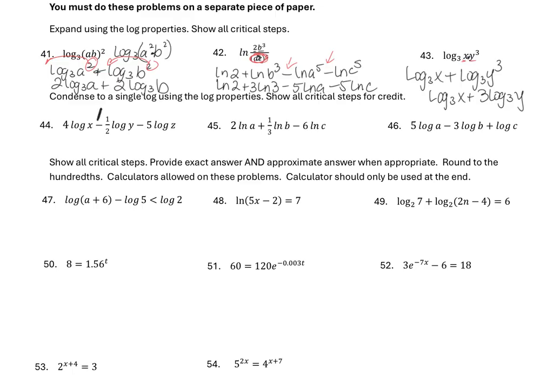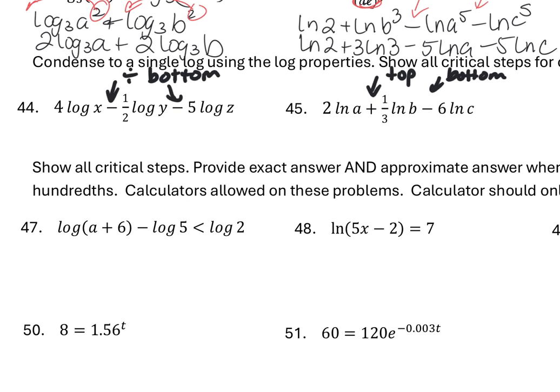Anything a subtraction is going to become division, so it's going to go in the bottom. So those subtractions, both of those are going to go in the bottom. This is plus, so it's going to go in the top. And this is minus, so it's going to go in the bottom of one big fraction. So I have the log of x to the 4th minus what?